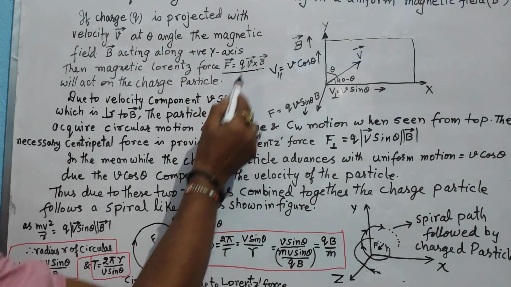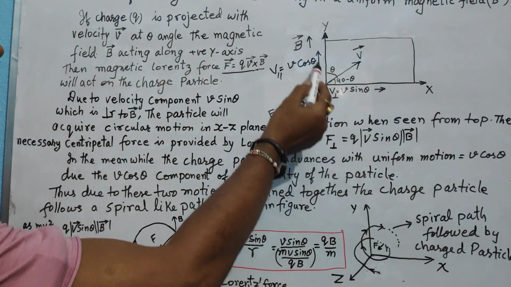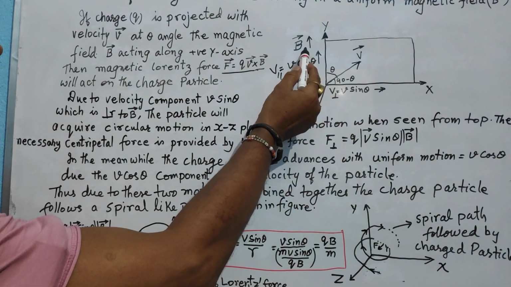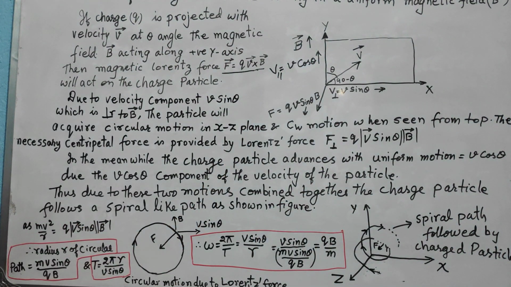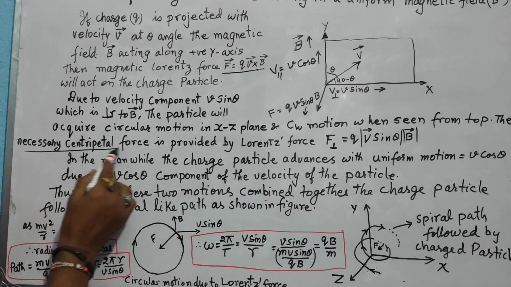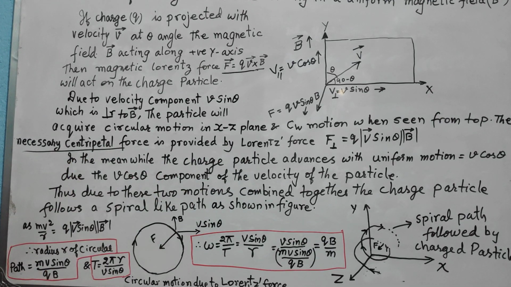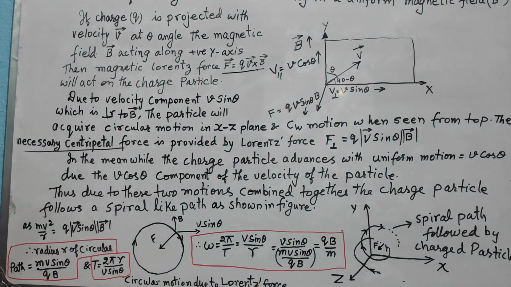So we can think that the perpendicular component will interact with the magnetic field, and the force acting on the particle will provide the necessary centripetal force to keep the particle moving on a circular path.